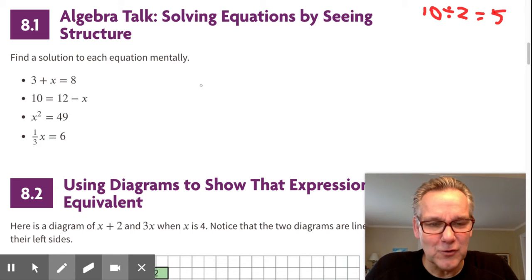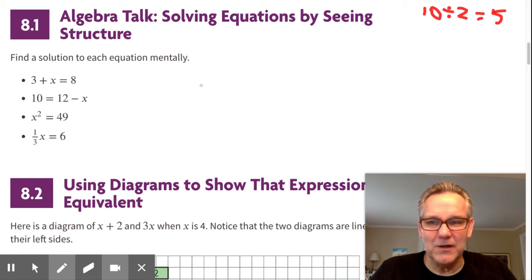And we'll talk about those as well. So I encourage you to pause the video, do as many of those 4 problems mentally as you can, and then we're going to talk about them. So you can go ahead and pause, do the 4 problems, write down the answers in your math notebooks or your remote folders, and then we will chat about them momentarily.